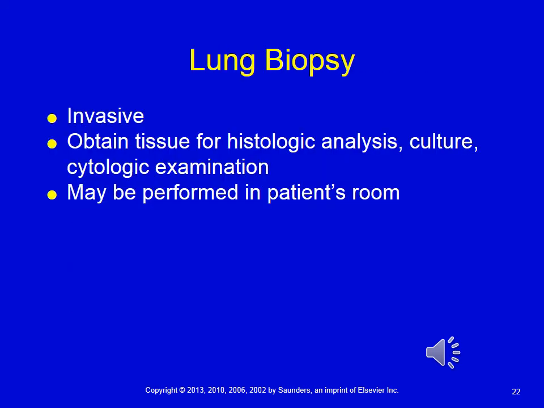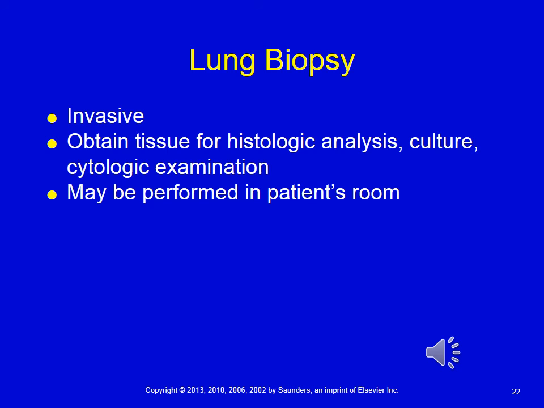A lung biopsy is performed to obtain tissue for histologic analysis, culture, or cytologic examination. The tissue samples are used to make a definitive diagnosis of cancer, infection, inflammation, or lung disease. There are several types of lung biopsies. The site and extent of the lesion determine which one is used.